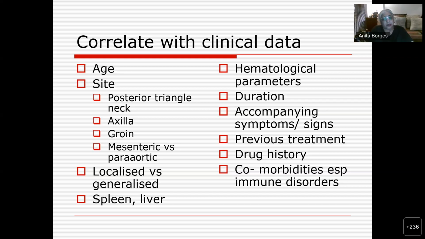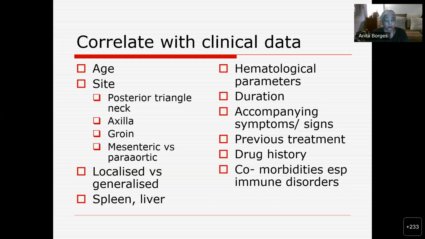But remember this, not to say that you can't get other B and T-cell lymphomas in the paraortic lymph nodes. Of course you can. But Hodgkin, be very, very careful, you should be cautious about making a diagnosis in a mesenteric lymph node.